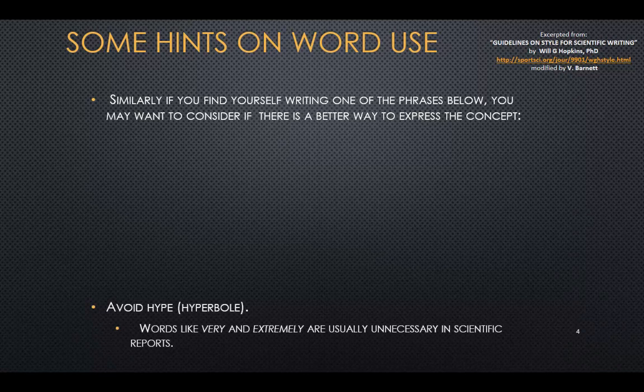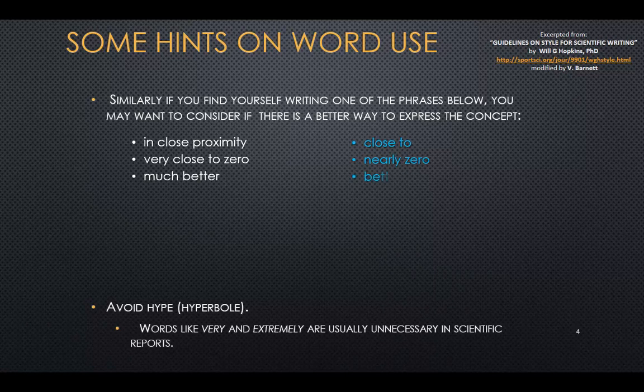You may find some of the phrases below, or some of the phrases that I'm going to show you, as other places where you might change how you word it. So in close proximity, let's try "close to." Very close to zero, nearly zero. Much better, just say it's better. Period of time, you could say "period." Summarize briefly.